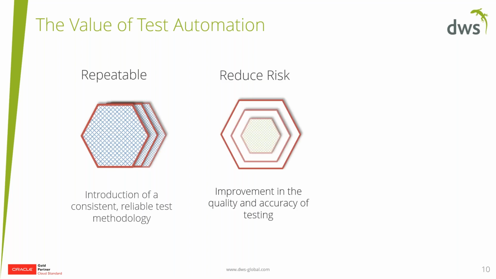Another area where test automation really provides tremendous value is reducing the risk of these projects. It's very common for us to speak with folks that have had to use manual processes for their team, where they talk about the risk of human error, and it's almost having to become comfortable knowing that it's likely that there will be human error at some point during the testing project.